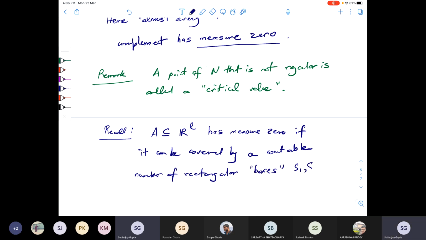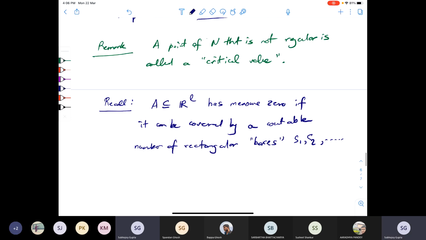Let's call them S1, S2, etc. Maybe I should have said that for any epsilon, it can be covered by a countable number of rectangular boxes, such that if you add up the volumes of all these rectangular boxes, the volume of a box is easy, it's the product of the sides, right?